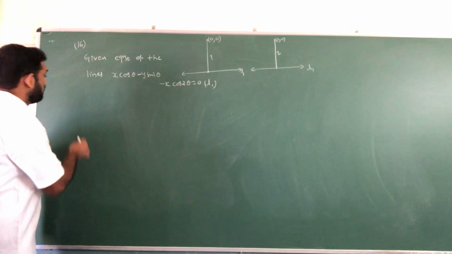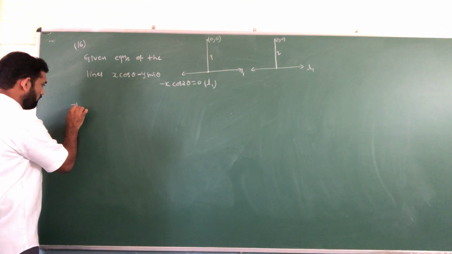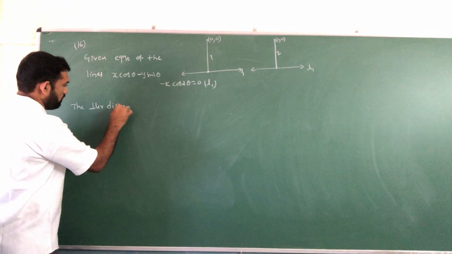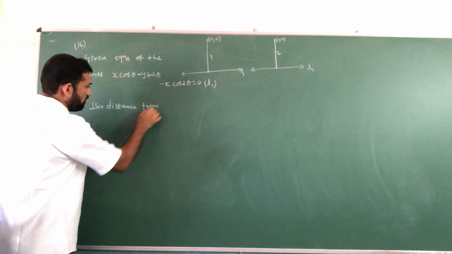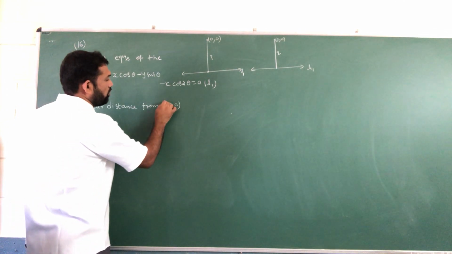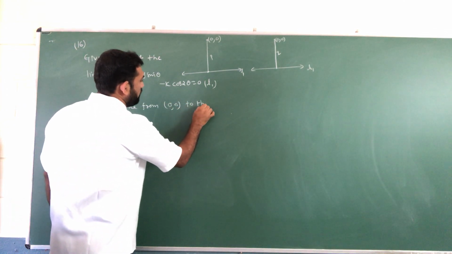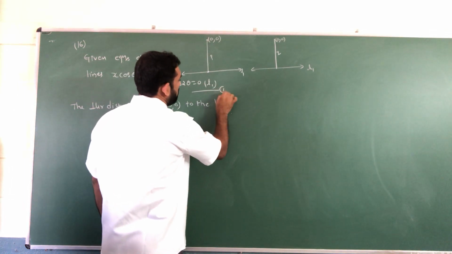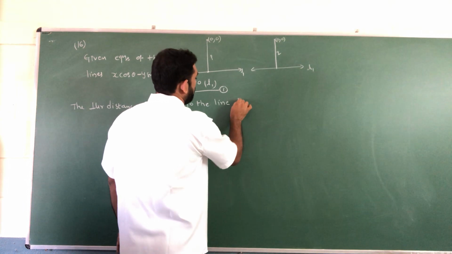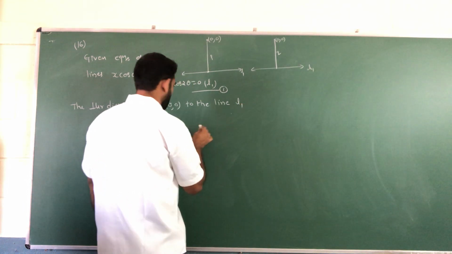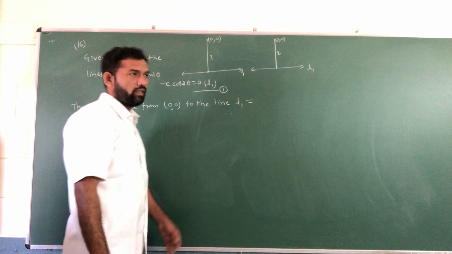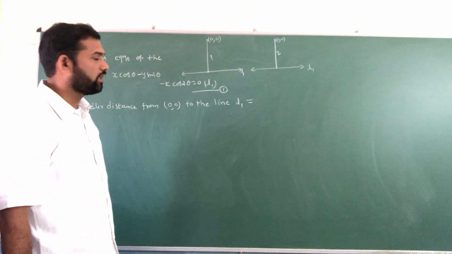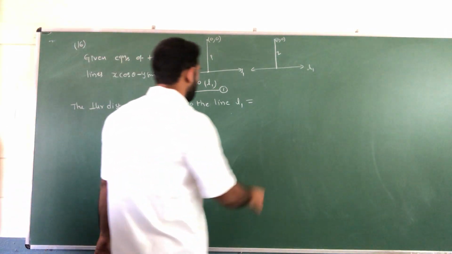The perpendicular distance from 0 comma 0 to the line, equation number 1, line L1, is the perpendicular distance from the origin to the line, which I have considered as P. What is the distance?